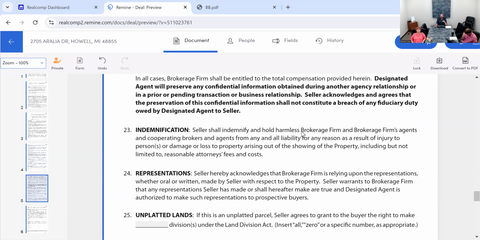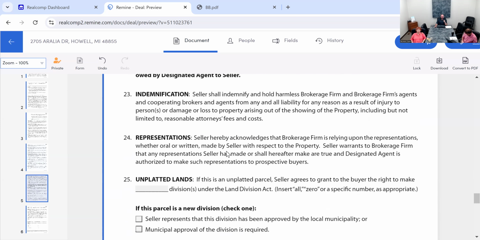All right. Seller hereby acknowledges that broker firm is relying upon the representations, oral or written, made by the seller with respect to the property. So yeah, we're gonna trust them when they say certain things. If they say that there was never water in the basement, we're relying on that.